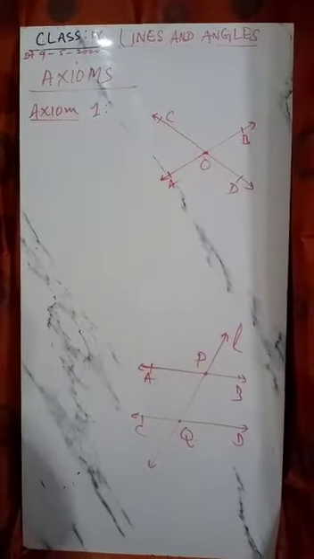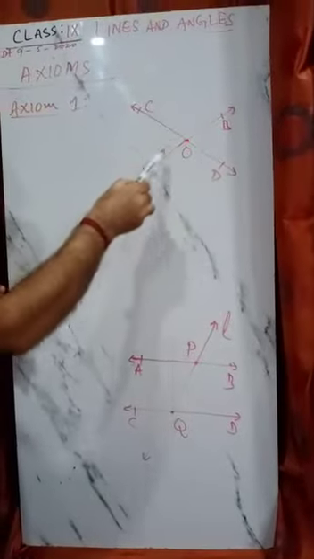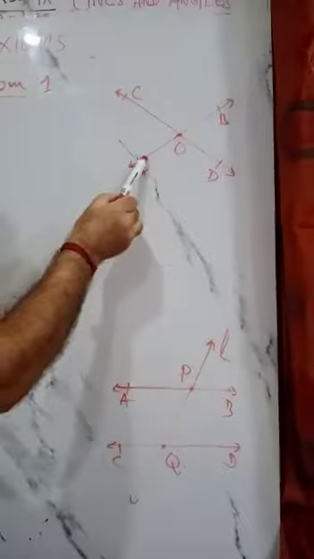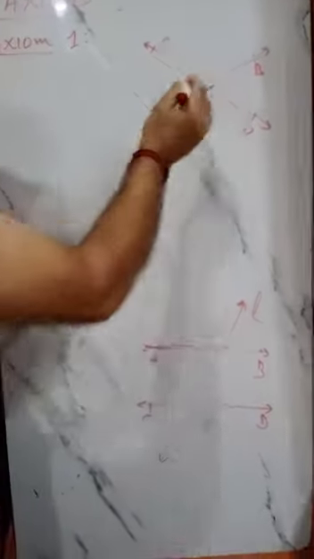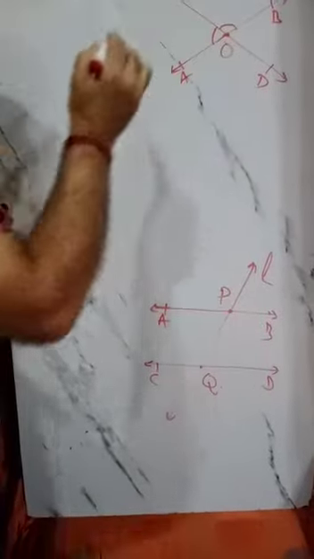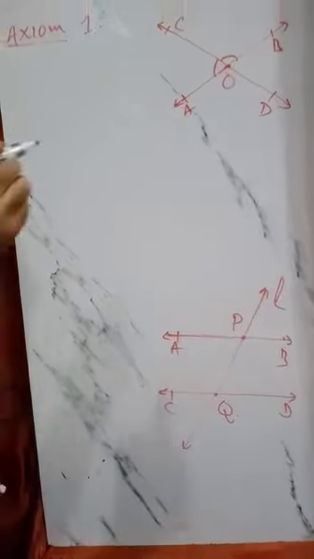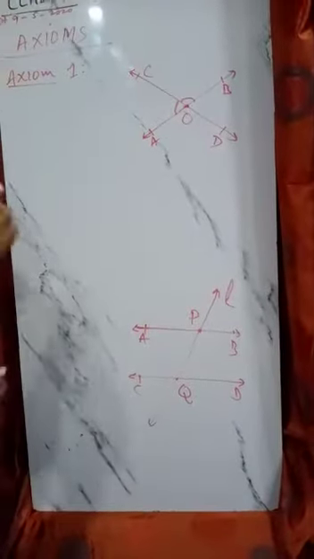Axiom 1 is: if a ray stands on a line, here OC is a ray standing on a line AB, then the sum of the adjacent angles so formed is 180 degrees.